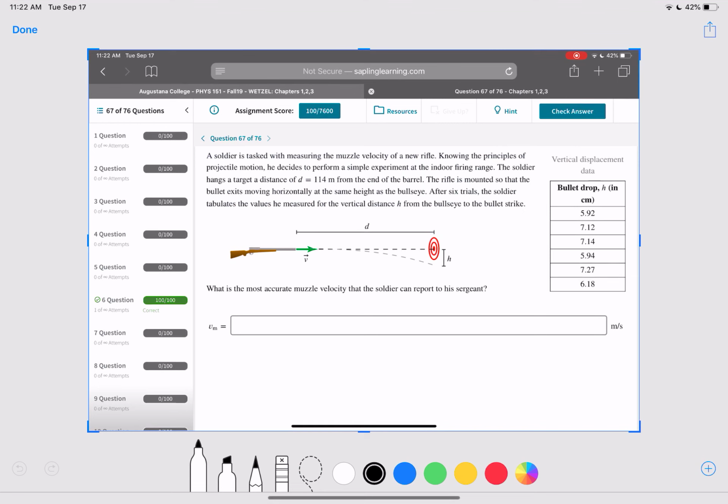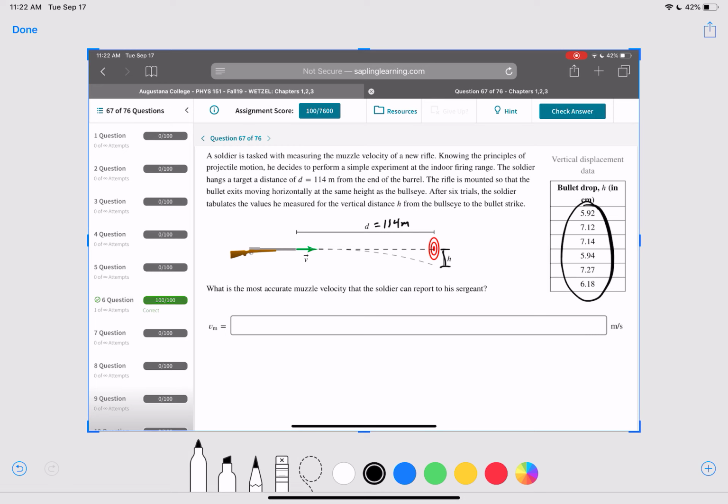What you are going to do is take the average of these displacements. So that'll be your average height, the average drop. We know this distance of 114 meters.